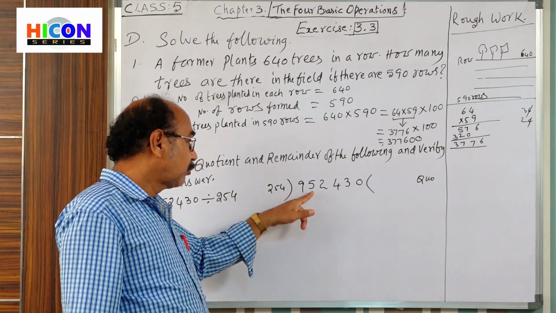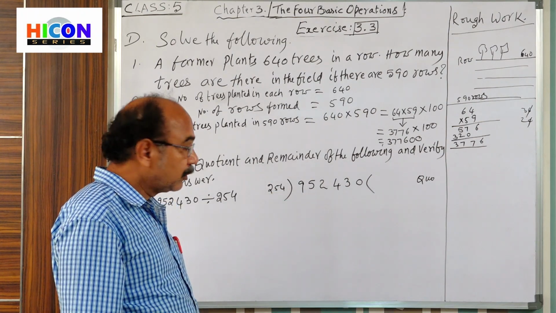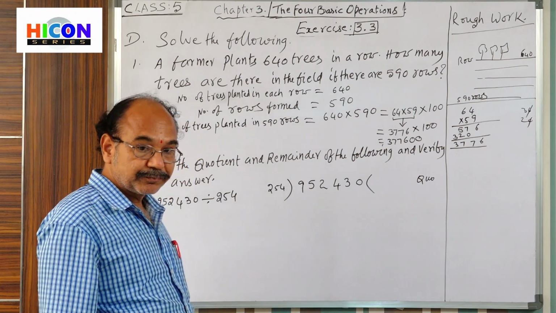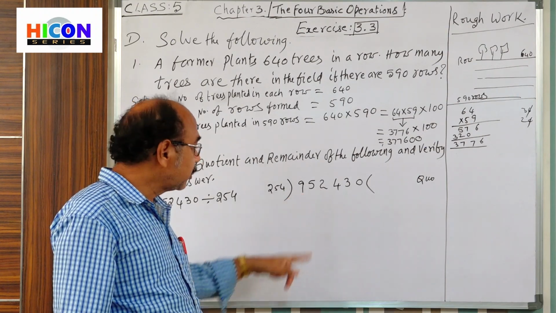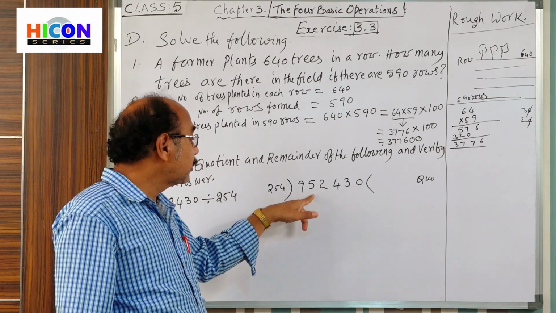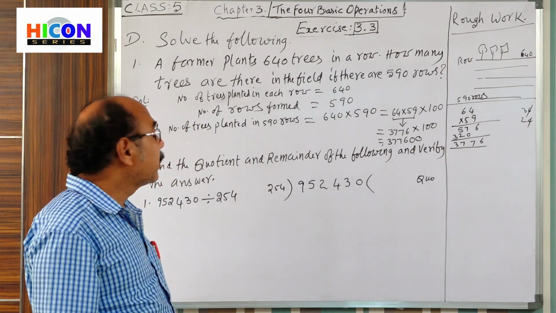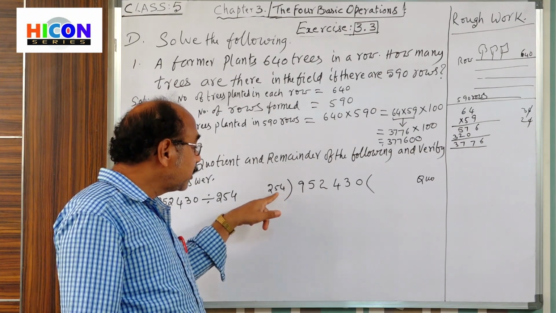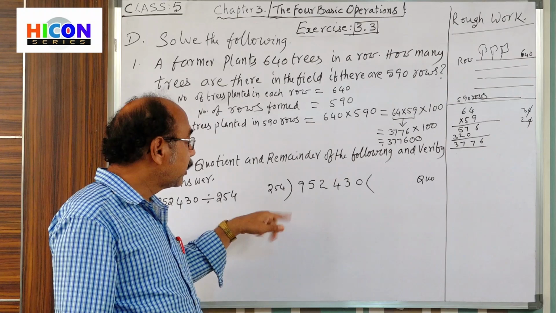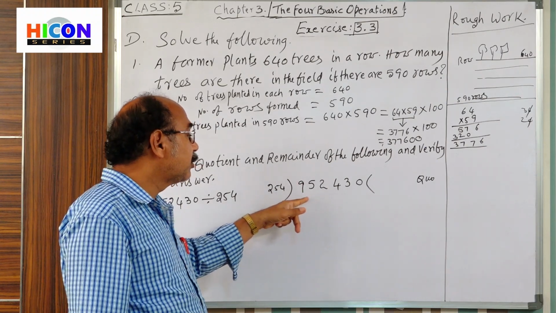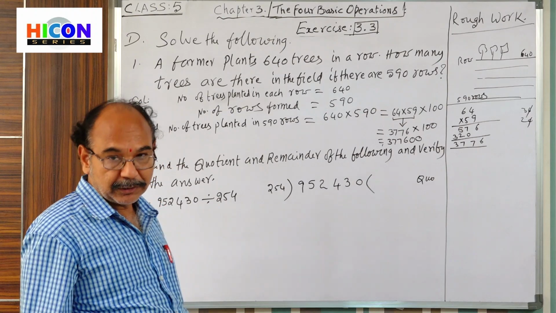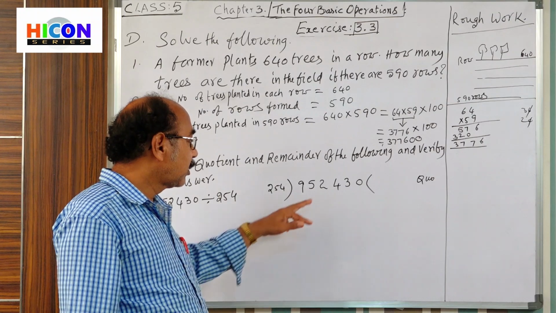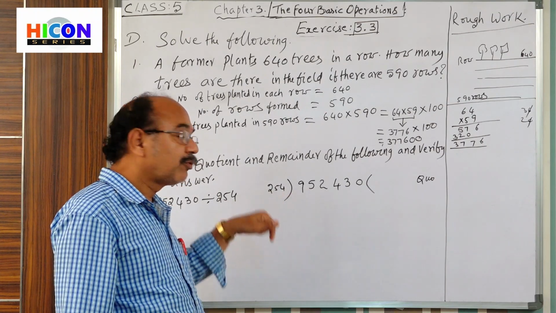So how many times can we divide? 952 is greater than 254, so we can select 952, the 3-digit number, because it is greater than the divisor. Suppose the number is less than the divisor, then you take a 4-digit number, not a 3-digit number, when the number is less than 254.